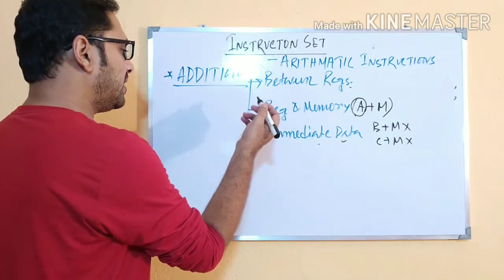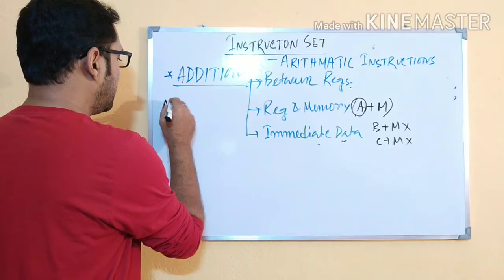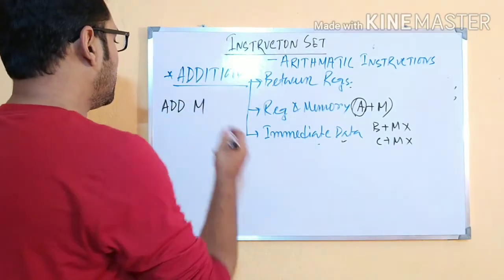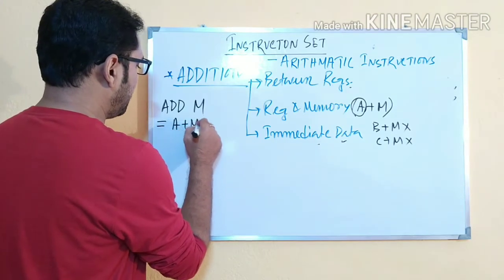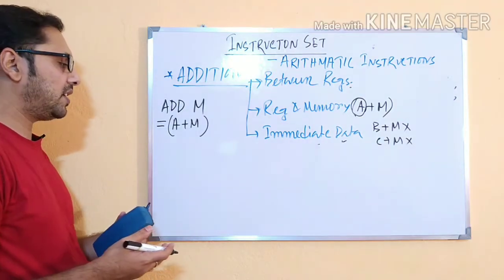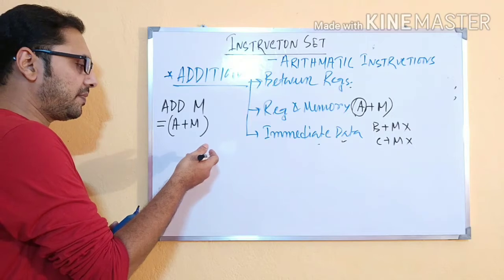Take the example of this one. How to represent the syntax of this type of instruction? That is ADD space M. What does it mean? I want to perform A plus M, which means I want to add the content of the accumulator with the content of a memory register.